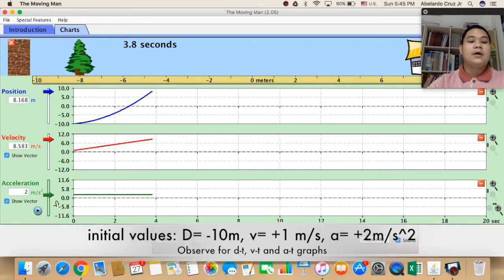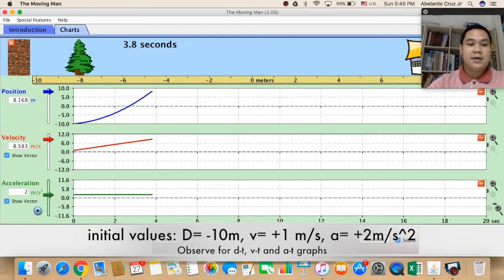So, when it is accelerating, it will produce a positive slope in a velocity time graph. But if you compare it in the acceleration time graph, since acceleration is constant, it will have a constant value at positive 2 meters per second squared.